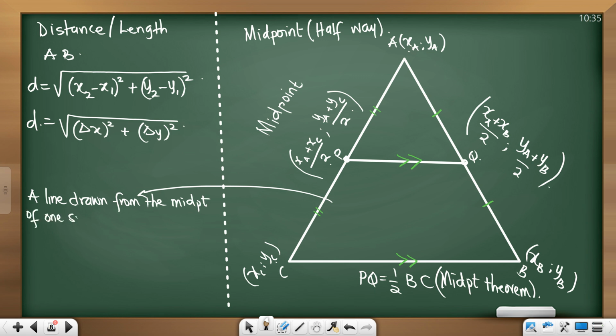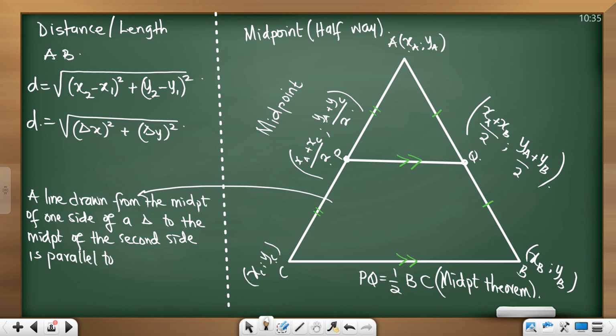Of one side of a triangle to the midpoint of the second side is parallel to the third side. And half the length. Third side.